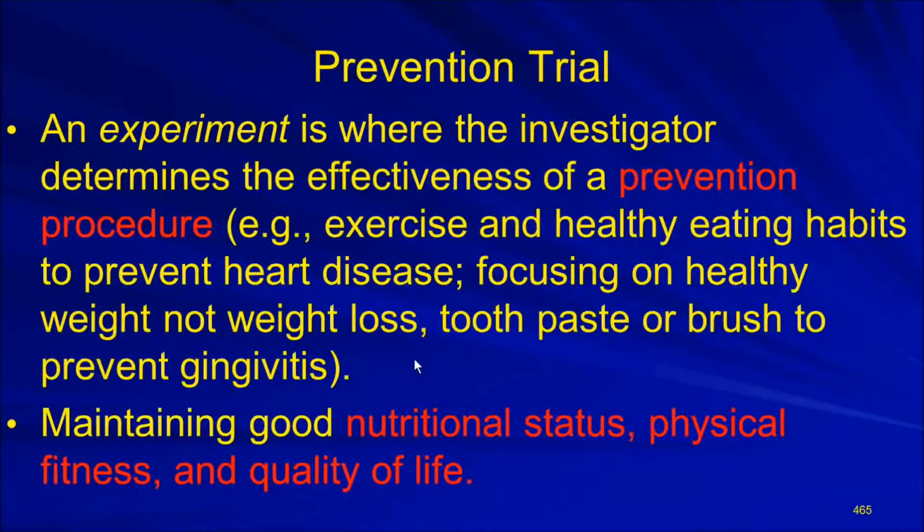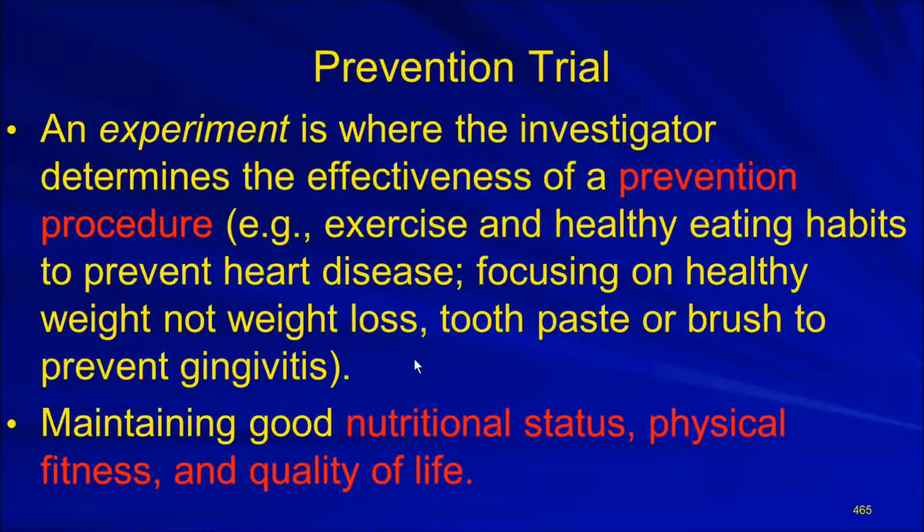Okay, this is where the investigator determines the effectiveness of a prevention procedure. So we're focusing on exercise. These are really people who do not have the disease, right? If you think about SCIT, and you need to be thinking about SCIT and the application to each one of these slides I'm talking about.